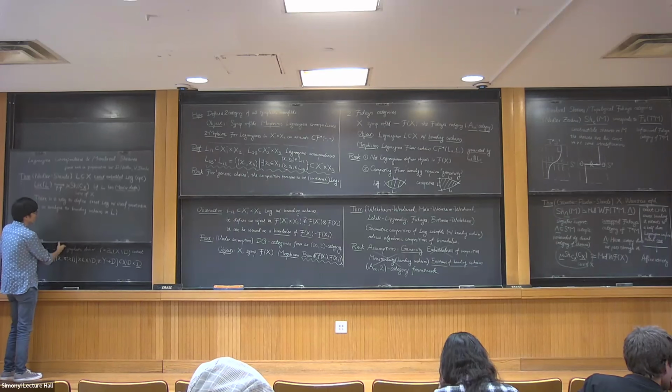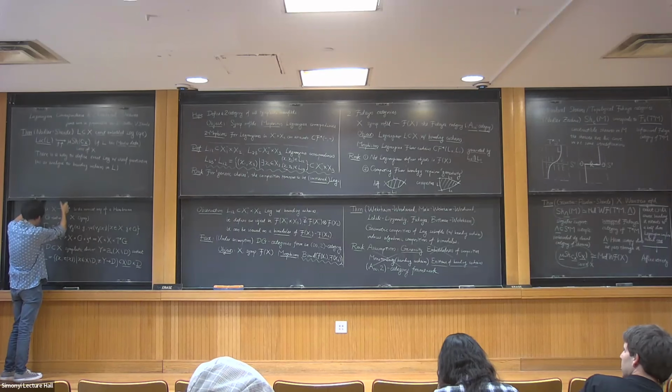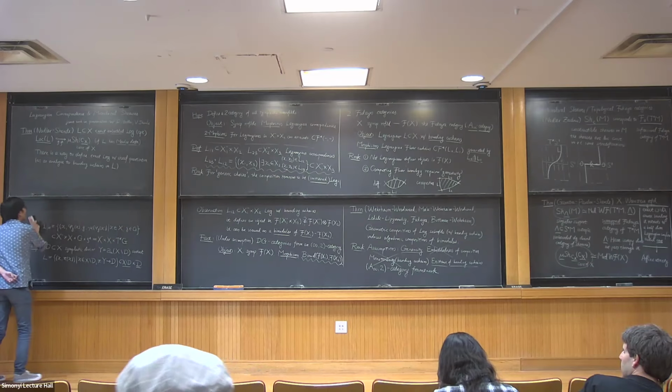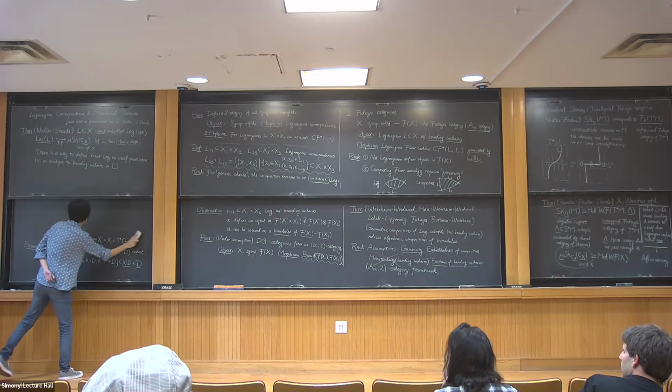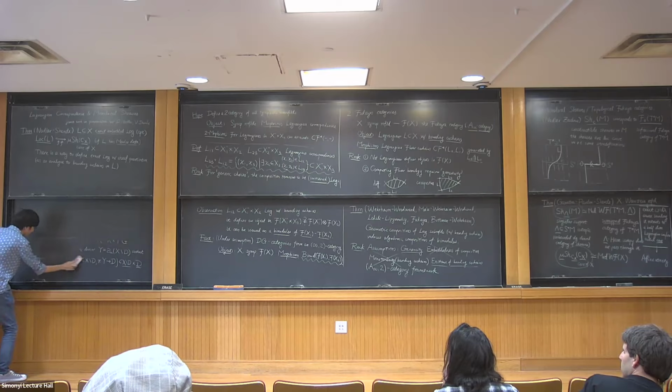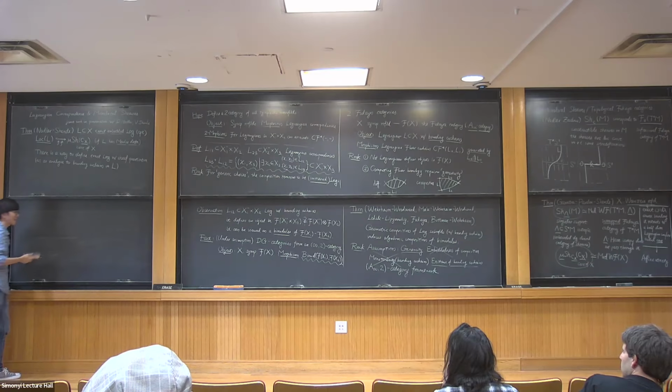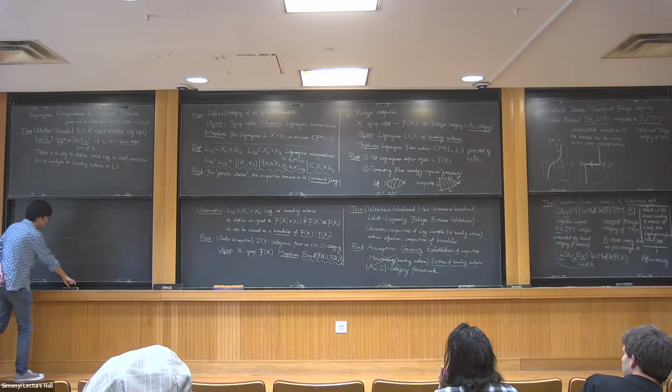Okay, I didn't introduce what it is, but let me do it maybe later. But now I have the corresponding concepts of bounding cochains, which tells me when an immersed exact Lagrangian defines an object in the microlocal sheaf category, just as when they define objects in the Fukaya category.